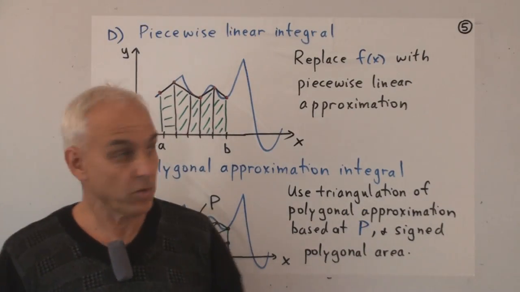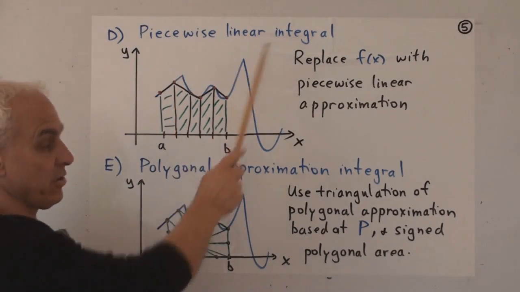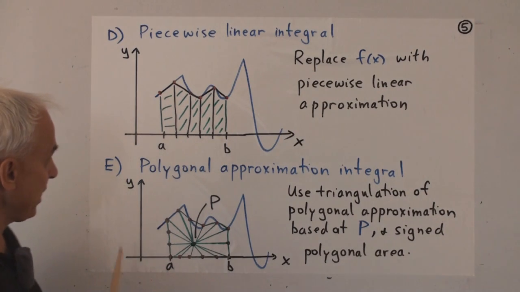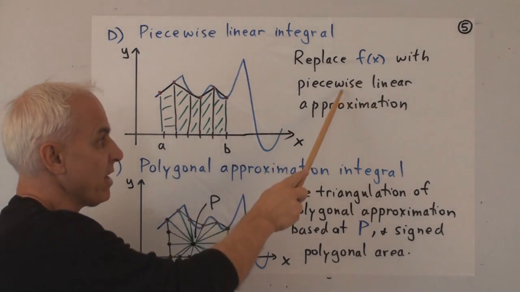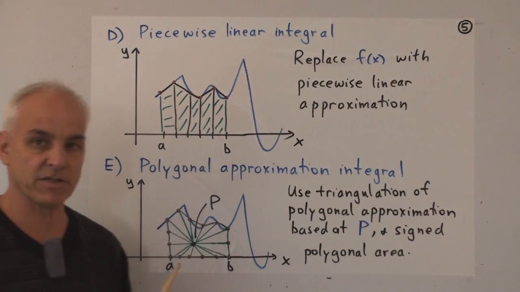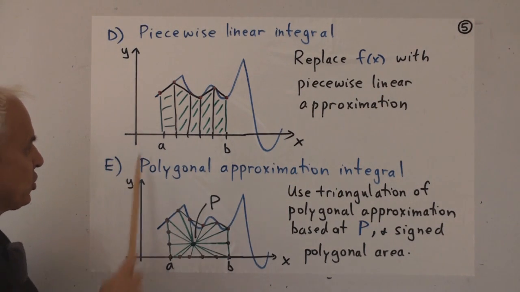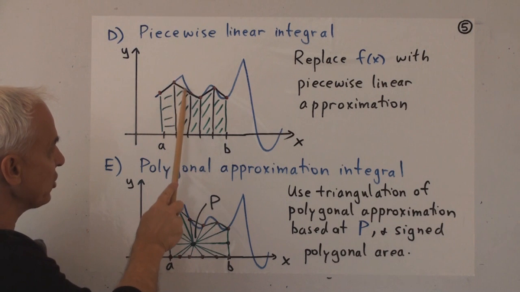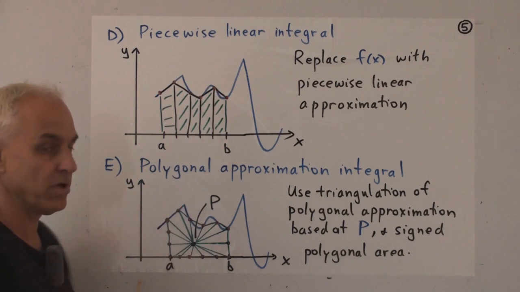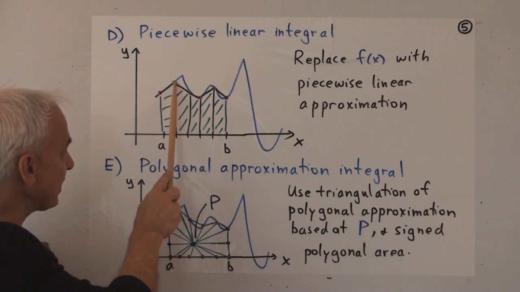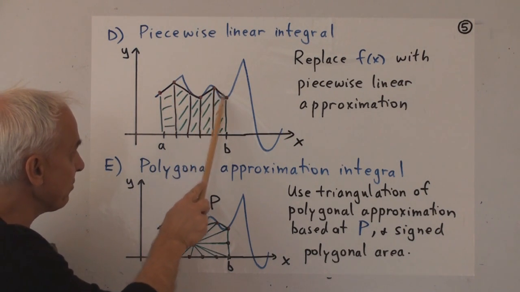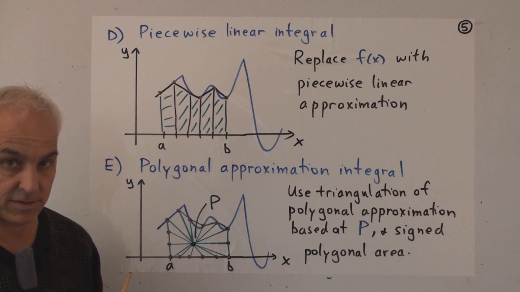Yet another approach we might call a piecewise linear integral. There the idea is that we would take our function f of x and replace it with a piecewise linear approximation. You could do that by sampling the function at some reasonably equally spaced points, and then just connecting those adjacent points with straight lines.